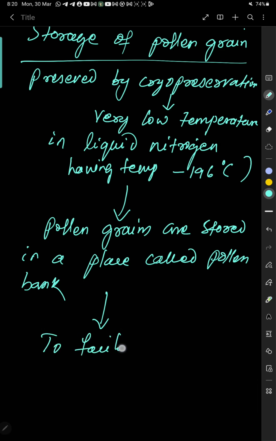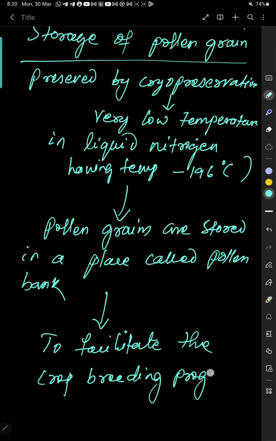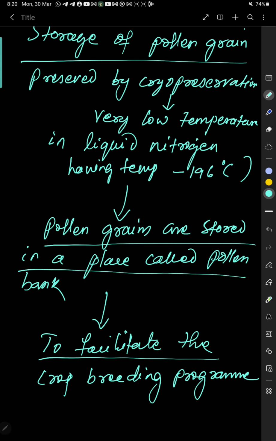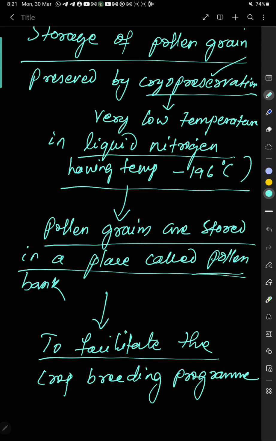To facilitate the crop breeding program. ओके, क्रॉप ब्रीडिंग प्रोग्राम में मान लो हमको एक डिज़ायरेबल कैरेक्टर चाहिए, आर्टिफिशियल हाइब्रिडाइजेशन करना है, तो उस केस में हमको पोलेन ग्रेन, स्पेसिफिक पोलेन ग्रेन चाहिए. तो फॉर दैट पर्पस द पोलेन ग्रेन्स आर स्टोर्ड एट वेरी लो टेम्परेचर, which is maintained by the liquid nitrogen, and such type of preservation at very low temperature is known as cryopreservation, and the place is called pollen bank.